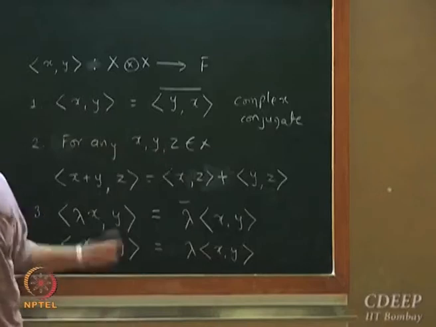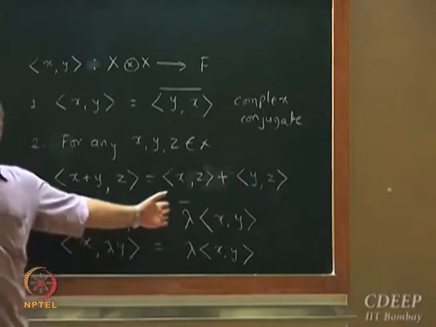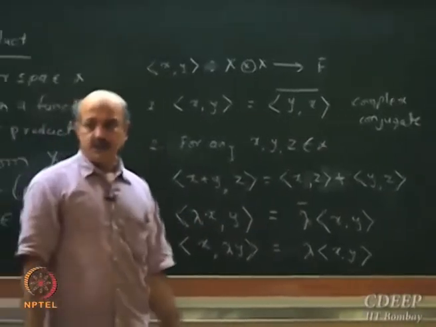Well, if you are working with real numbers, these both results are the same because lambda bar is equal to lambda. So if you are working with complex numbers, you need to separate these two equalities.